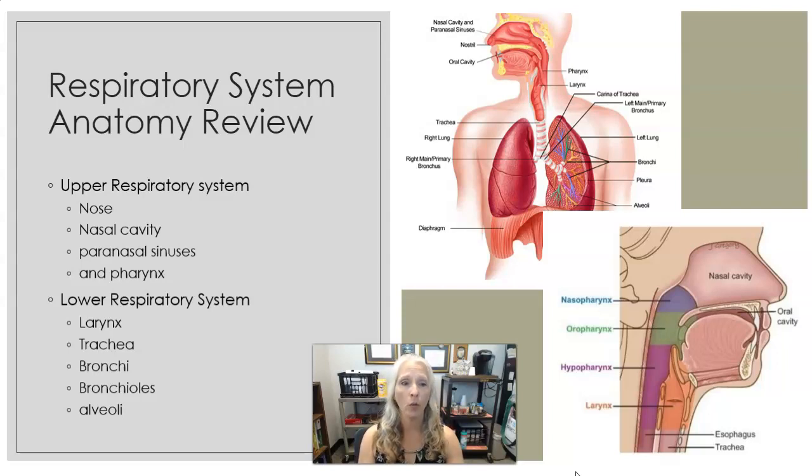Here's a quick review of the upper versus lower respiratory system. The upper respiratory, when you have an upper respiratory infection and you go to the doctor, it's usually up in your nose or nasal cavities or sinuses. Whereas if it affects the lower respiratory system, we're talking about everything from the larynx, trachea, bronchi, bronchioles, on down into the lungs and the alveoli themselves.